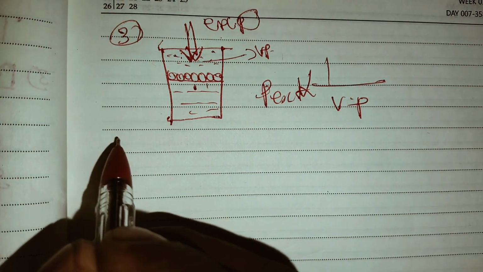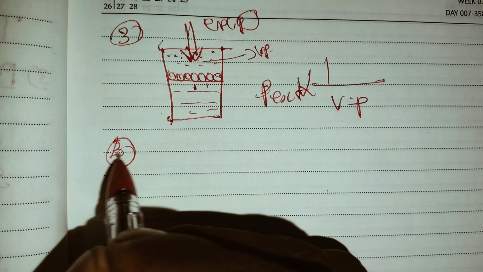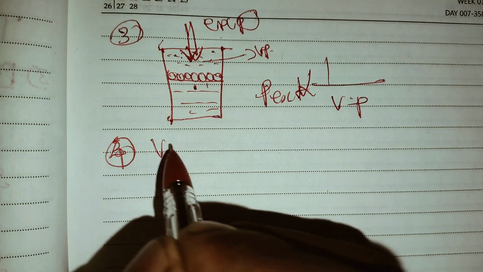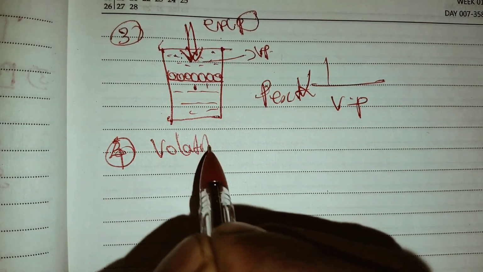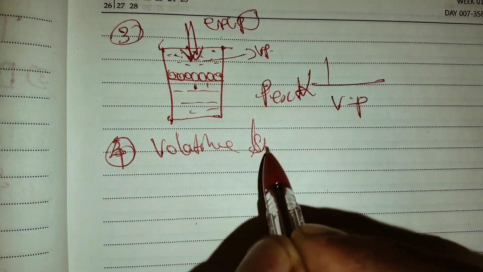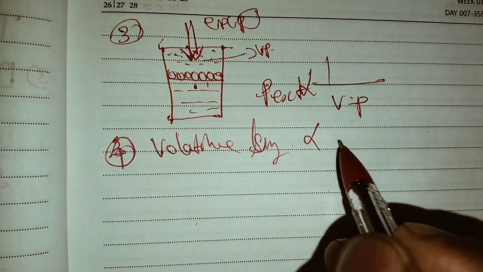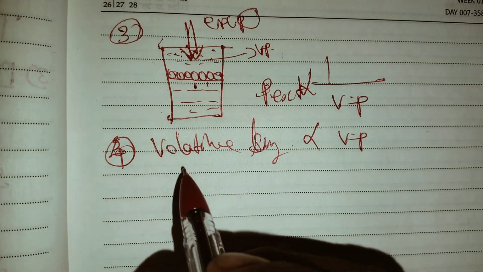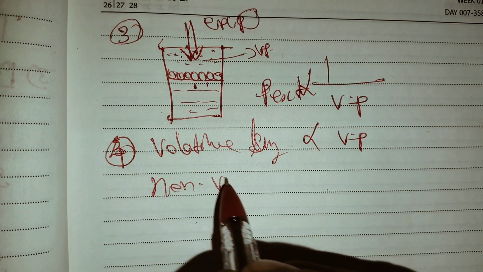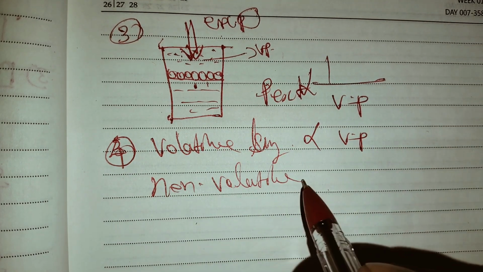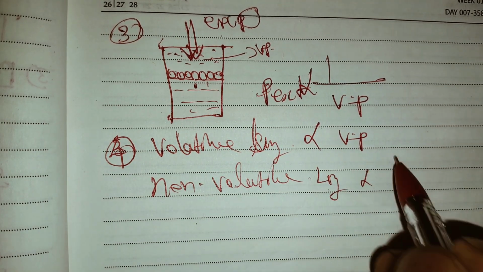The fourth point is volatility. A volatile liquid has a vapor pressure that is directly proportional, and a non-volatile liquid has a vapor pressure that is inversely proportional.